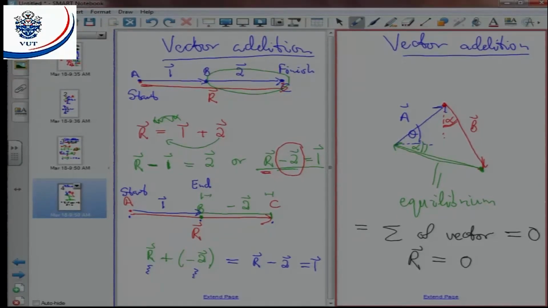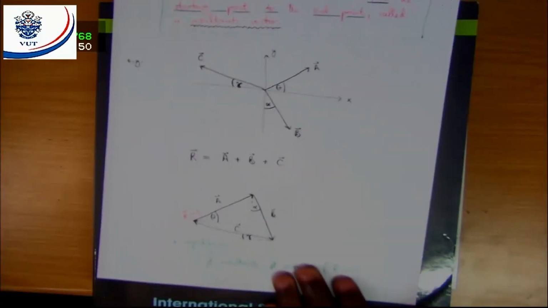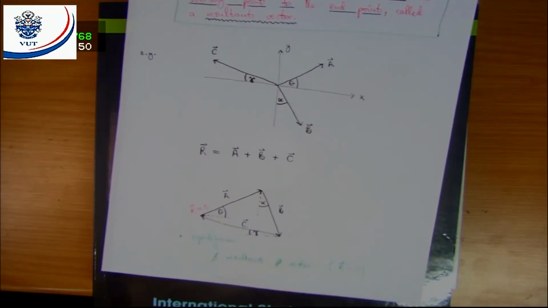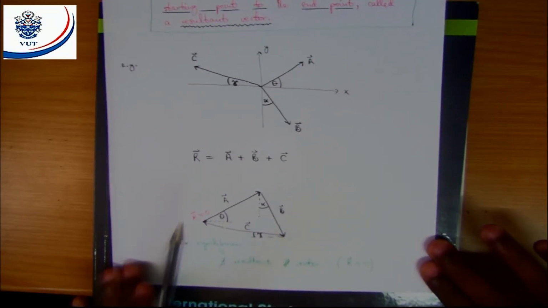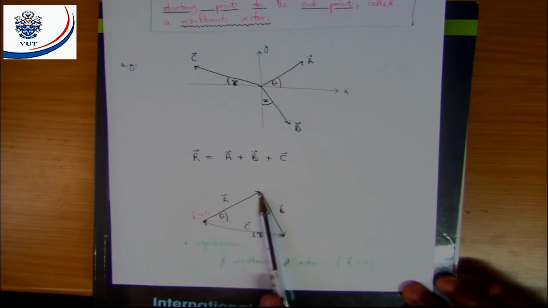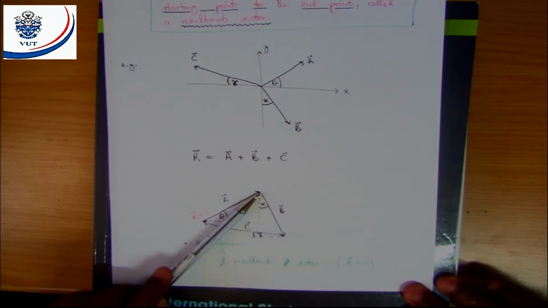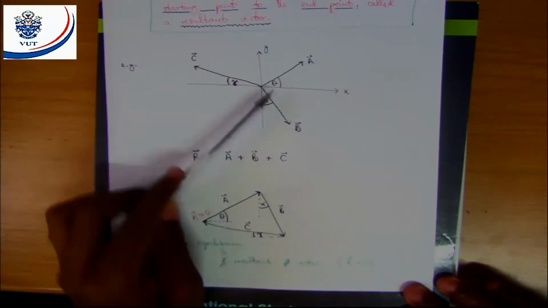So if we check here, I've already drawn out what we get. What you will see is I've drawn my vector A over there, and it's at an angle theta with respect to the x-axis. Then after that, from the head of A, I draw vector B, which is like this.